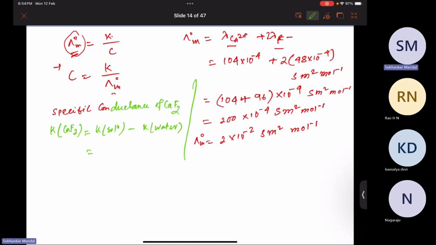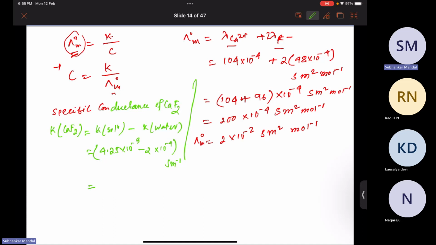So you can subtract: 4.25 into 10 to the minus 3 minus 2 into 10 to the minus 4 Siemens meter inverse. How much will it be?